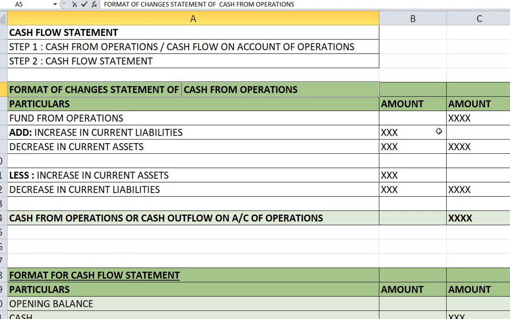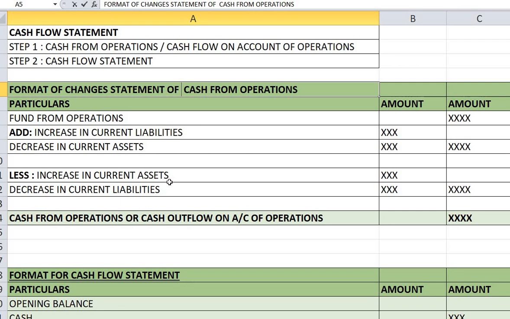Then you will get a total figure, and from that amount you have to subtract the increase in current asset and decrease in current liability, which is the exact opposite of what you stated above.